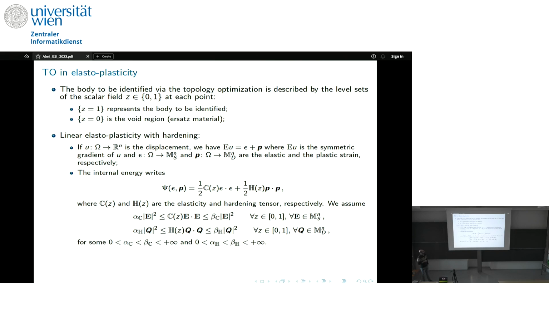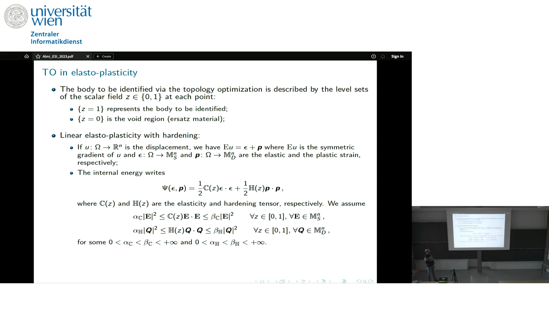The energy that you define given these three quantities is written here. It is the elastic part plus the plastic part. Since we're working with hardening, you also have a quadratic term in the plasticity. Here C and H are simply the elasticity and hardening tensors. They are known and they are functions of z.